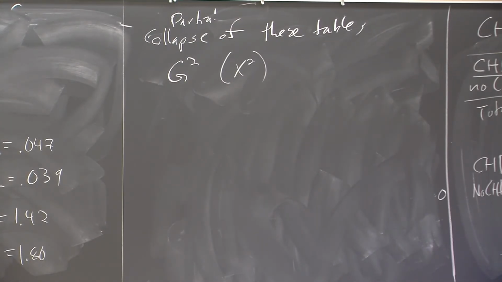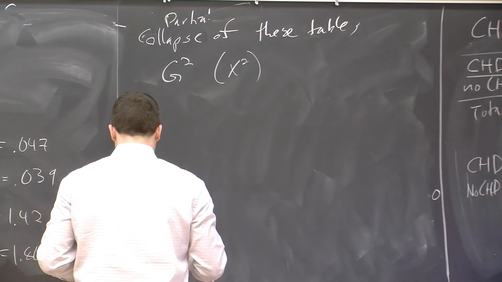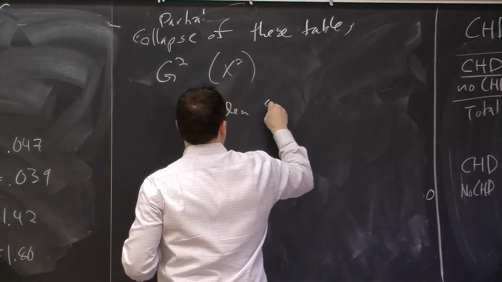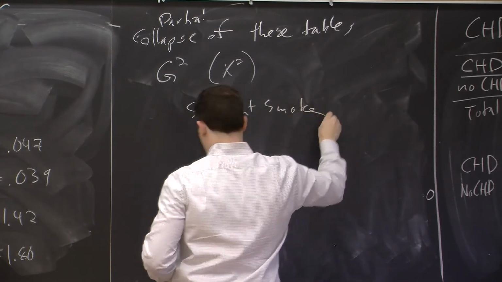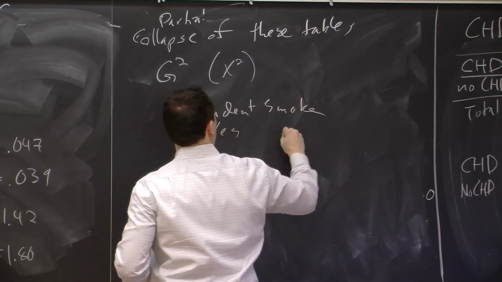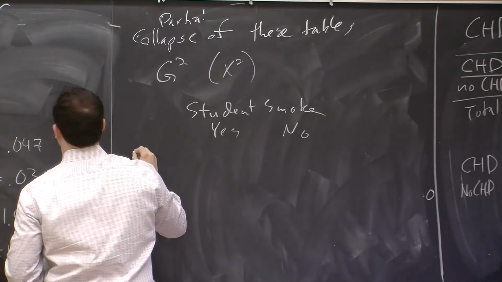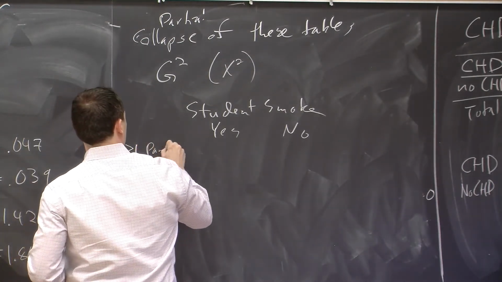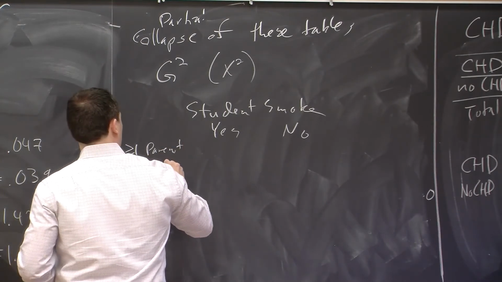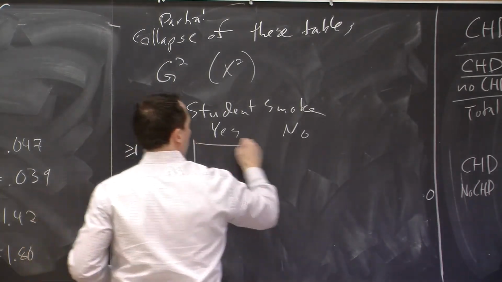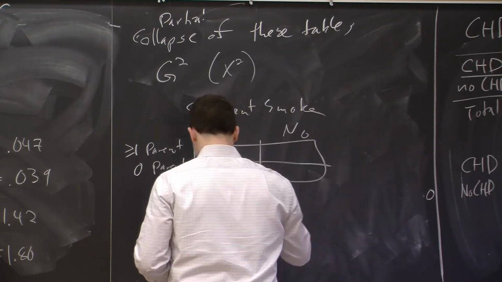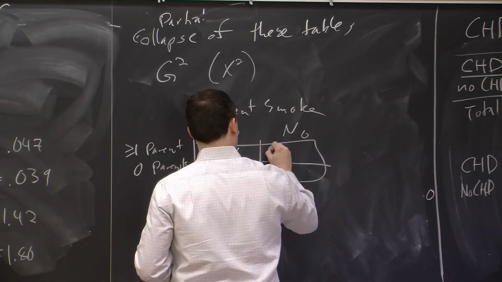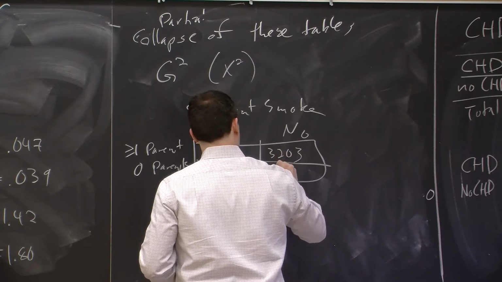So, for example, in this one, I could say, does the student smoke, yes or no, and I can group these two rows into at least one parent and 0 parents smoke, and get the totals. 816, 188, 3203, 1168.